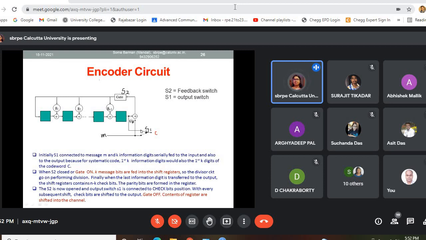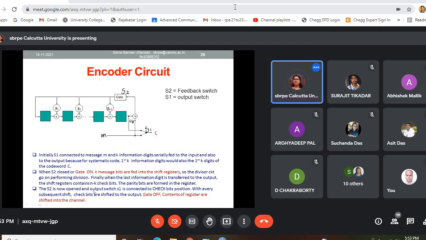Now as switch S1 is connected to the check bit, it will be coming out. So first is the message bit, then the check bit. S2 is now open. When S2 is open, all the message bits have been serially output as well as serially input to the encoder.